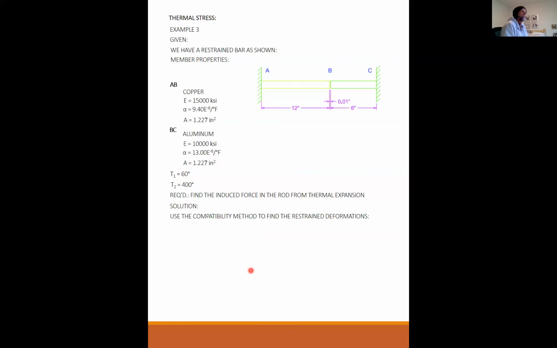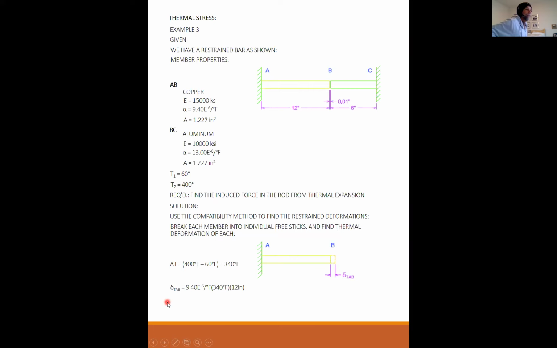We're going to, again, use the compatibility method to find our restraining forces. Break each member into individual free sticks and find the thermal deformation of each. This is very similar to what we did on the last example. Delta T is T2 minus T1, so delta T is a positive 340 degrees Fahrenheit. For our first piece, A to B, we want to find what delta due to temperature for A to B would be if it was free to expand.